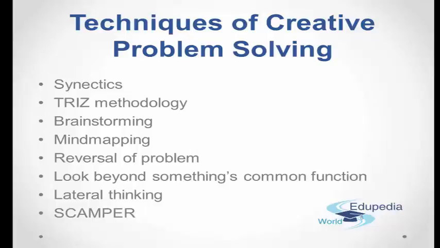Next, lateral thinking. Lateral thinking is a manner of thinking that looks for a solution to an obstinate issue through unorthodox elements or methods that would usually be disregarded by logical thinking.